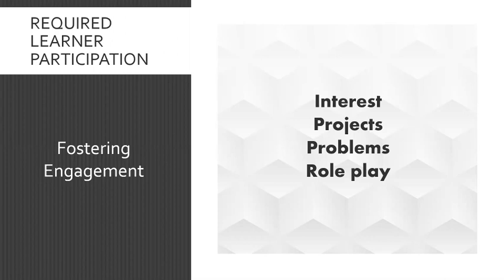The next step in the ASSURE model is R, which represents required learner participation. The learner is not a passive recipient of instruction, but an active participant in the learning process. It is important to consider how you will engage learners throughout the lesson. There's lots of different ways to ensure students are engaged in the learning process, but one example might be the roles students are using.